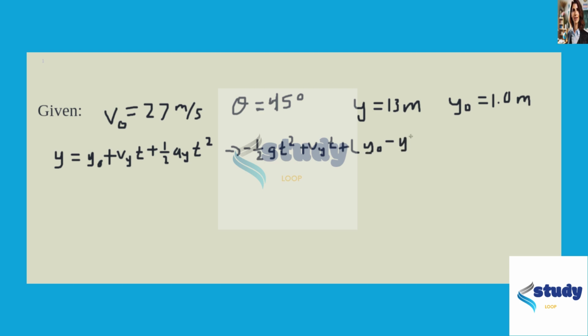All of that's equal to 0. So now we can use the quadratic formula to solve for t, since we have t in multiple parts of the equation.